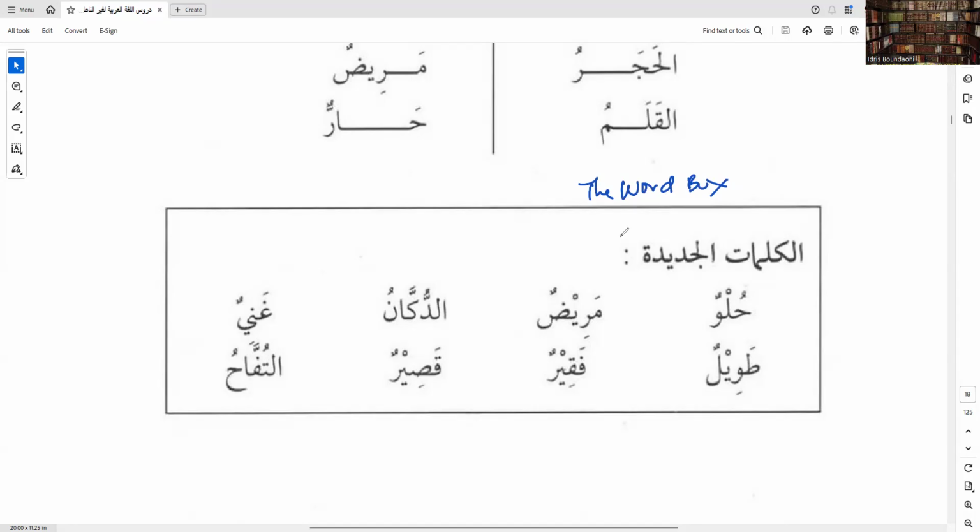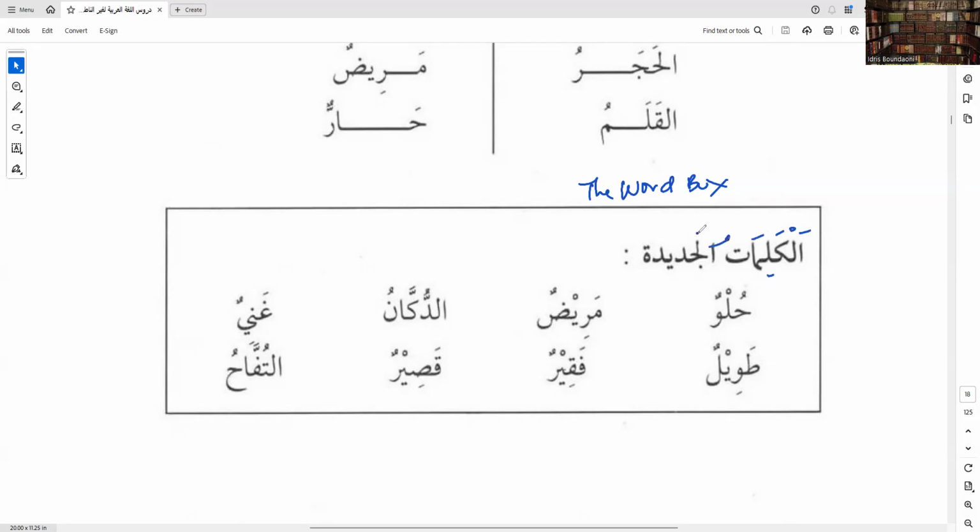So the word box is like, hey, these are the new words that you need to pay attention to, right? So if I were you, I would make sure that I review my word box to make sure that I've memorized and also reinforce my knowledge on each and every word in the word box.